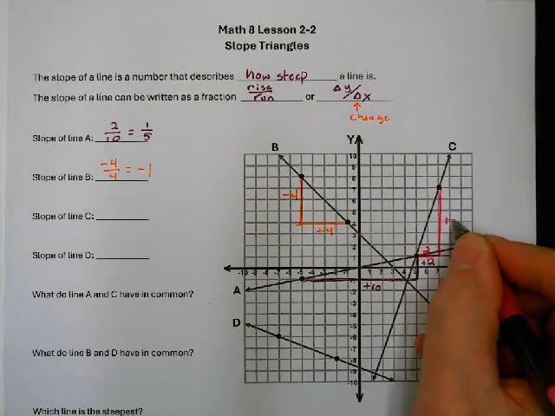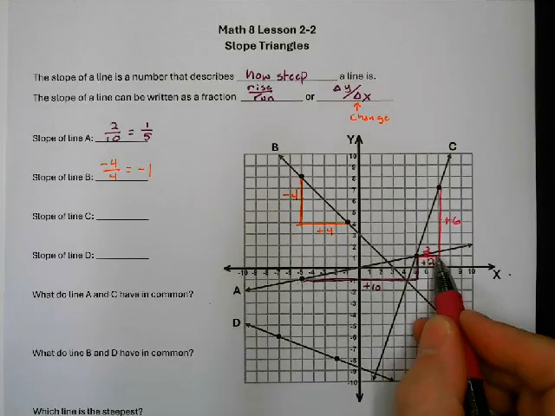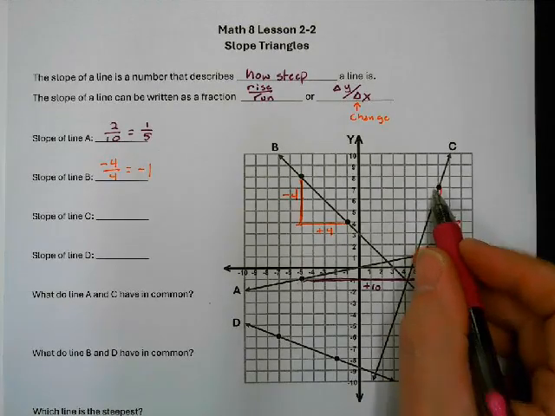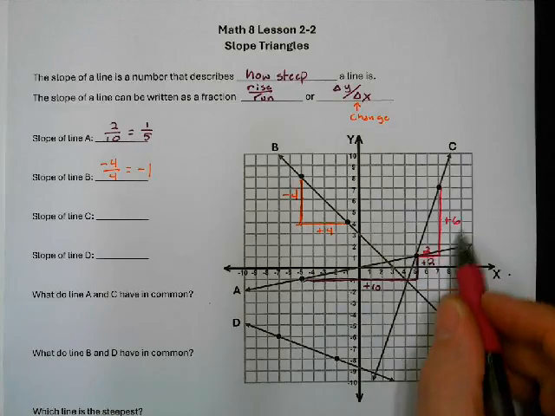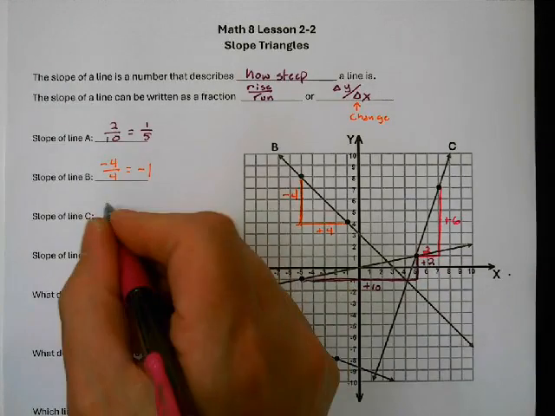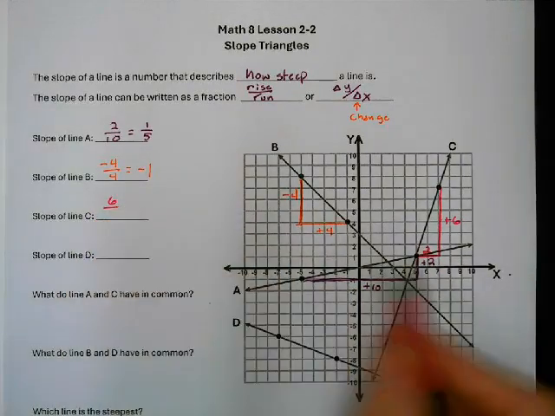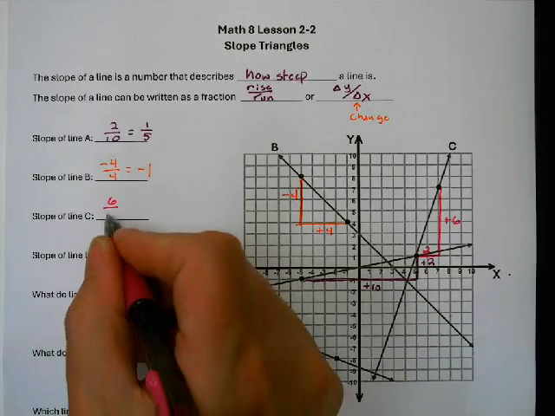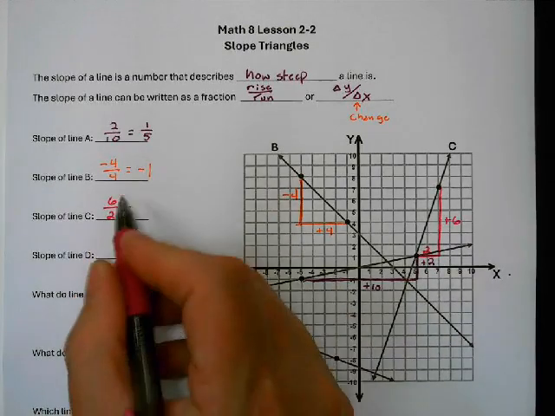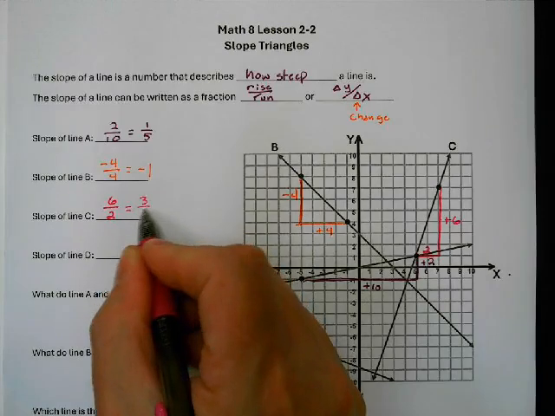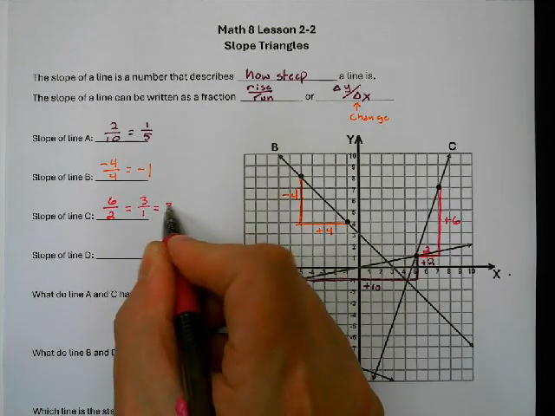So that's positive 6. We're going right 2, up 6. Remember, it's the y on top, so we're going to put 6 in the numerator, and 2 in the denominator. And this reduces to 3 over 1, which we can just write as 3. Same thing.